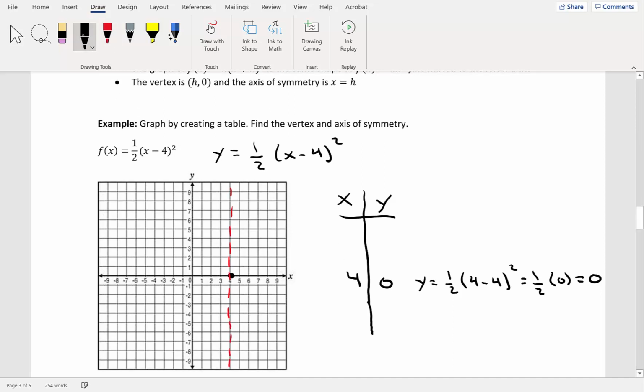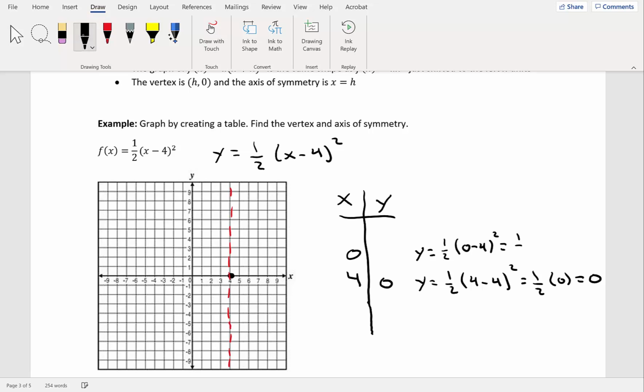Okay. Now, over here, let's go ahead and just find 2 more points, because now we know what the shape of parabolas are. Okay. So let's go ahead and find another point. We have to choose a value for x and then figure out what our y is going to be equal to. So let's go ahead and choose 0 for our x. So if I plug in 0 for x, I get y is equal to 1/2 times 0 minus 4 squared.